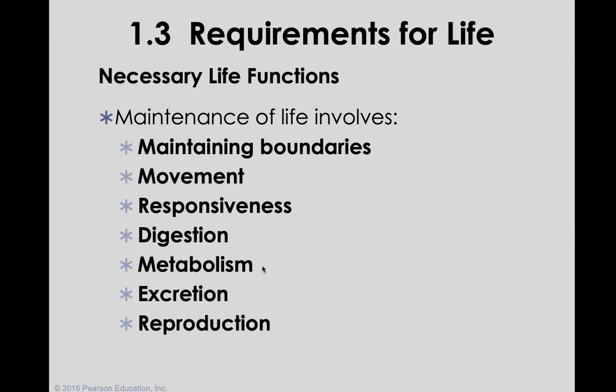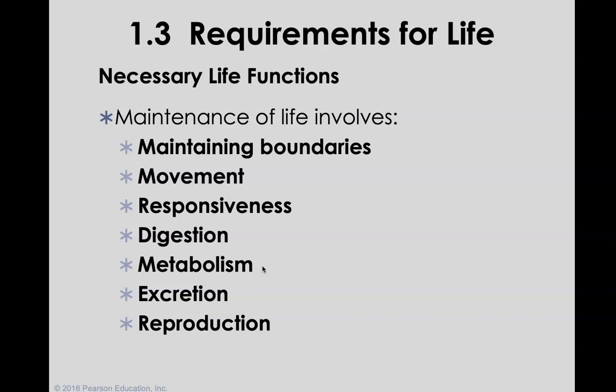And then, of course, we have to do reproduction. When we talk about reproduction, everybody thinks about making babies, right? But when we talk about reproduction as a life function, we're also talking about this at the cellular level of organization. So your cells inside your body have to reproduce so that you can grow and repair. So they have to do things like mitosis.